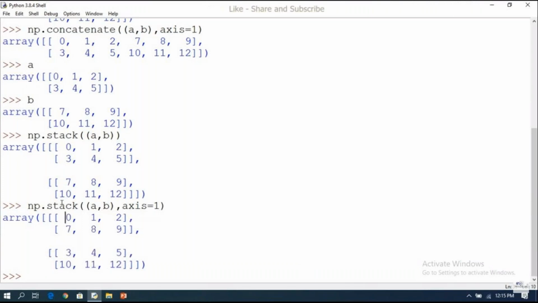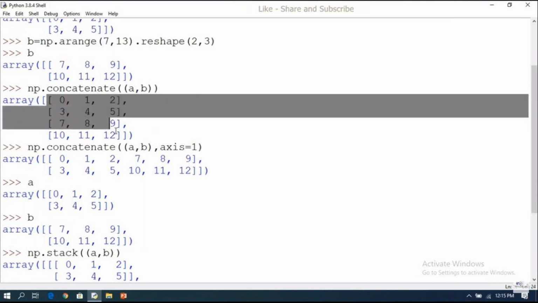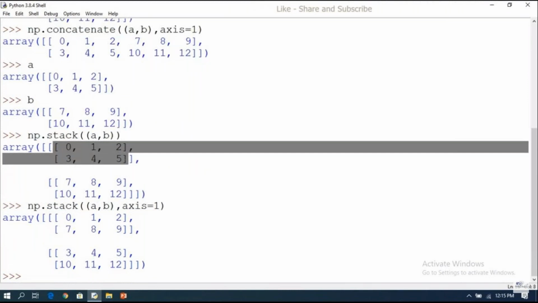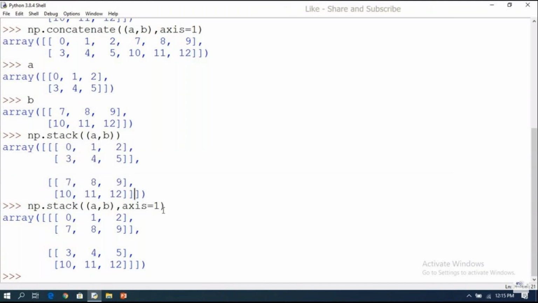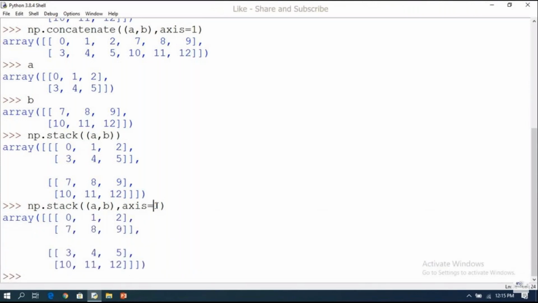So this is the difference between stack and concatenate. So don't get confused. If you concatenate these two things, it will form a single array, and if you are using a stack, automatically this is one array and this is another array. Okay, this is one element and this is another element, right? And based upon the axis value, it will join accordingly. So if axis is 0, it will join in terms of columns.